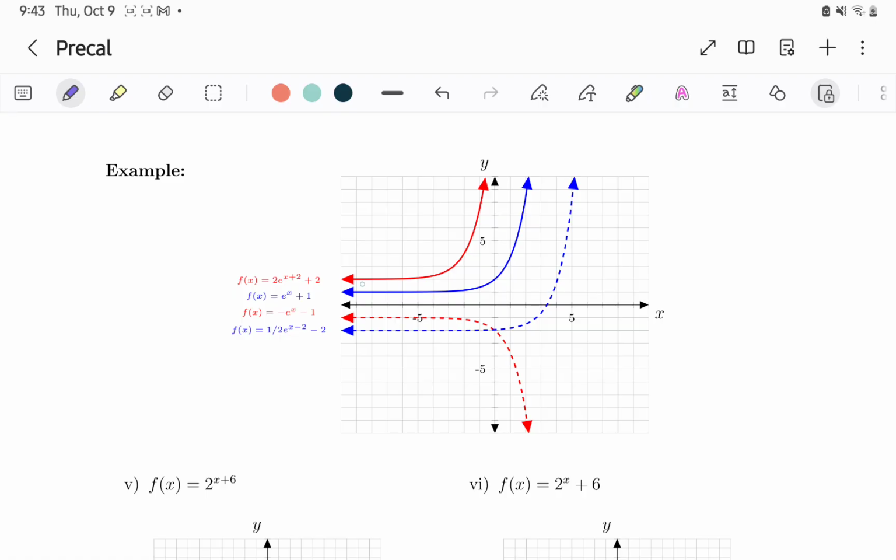And so, like I've been saying, as we can see from the graph in solid red here, it has a horizontal asymptote with the line y equals 2 now. And then it, of course, has a vertical stretch by a factor of 2 going on here, and it has a horizontal shift to the left by 2 units.